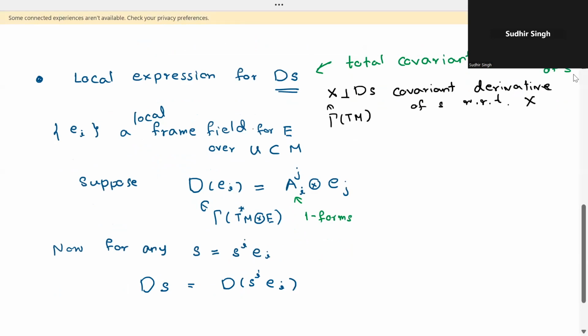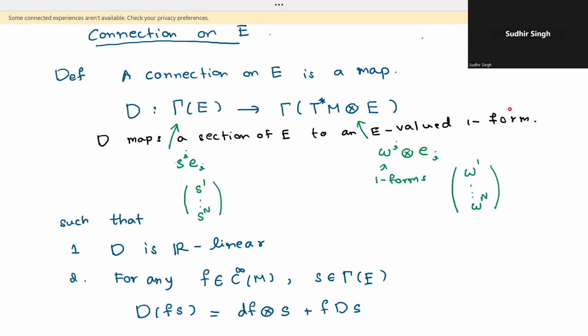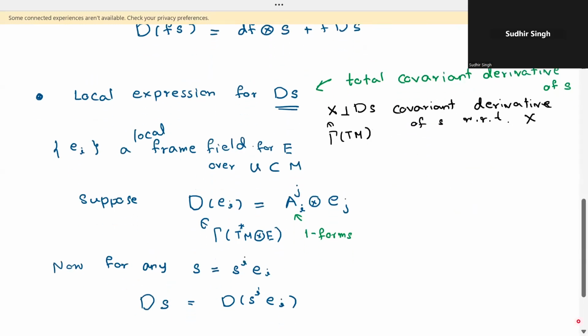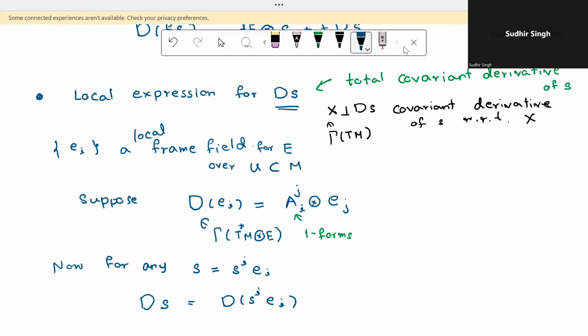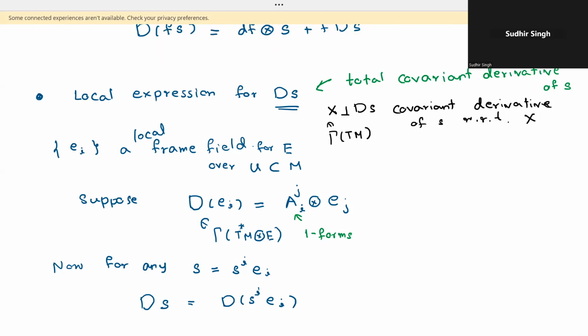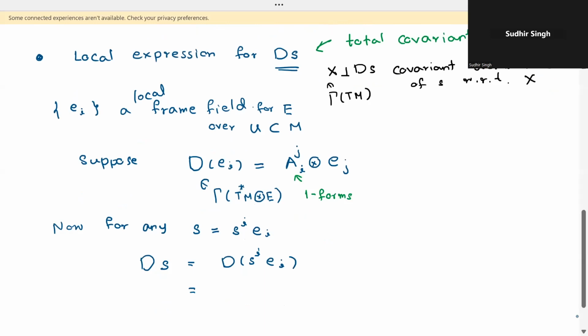In the definition, you have this property of the product rule. So if we use this, we have S^I, which is a function, and this E_I, where I drop the tensor product sign, with a section of the bundle. What we have is then just dS^I, dropping all the tensor product signs, E_I.